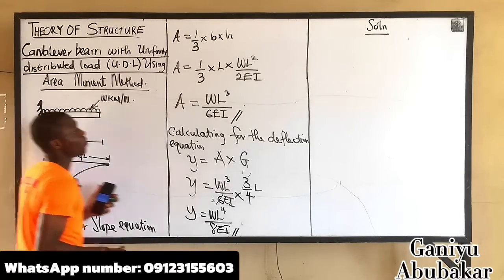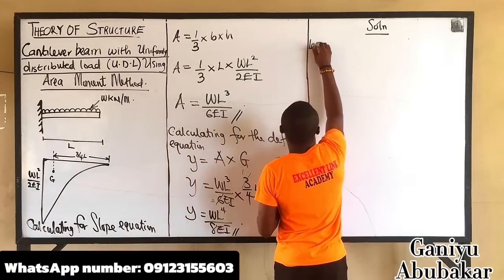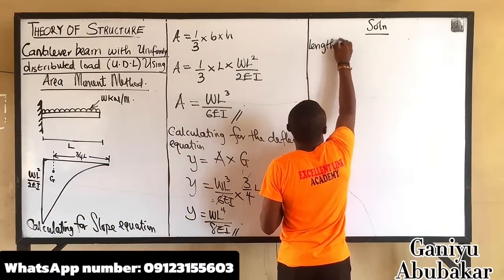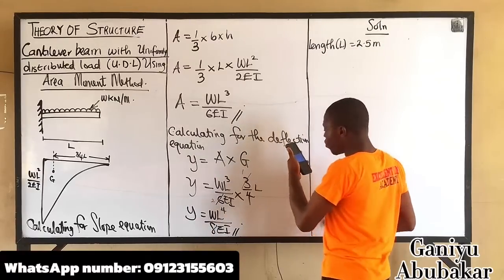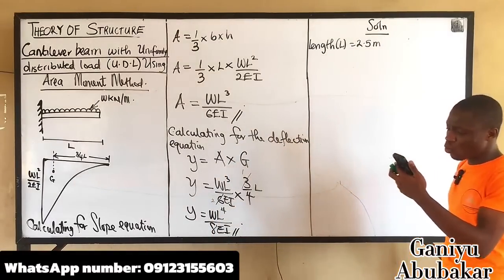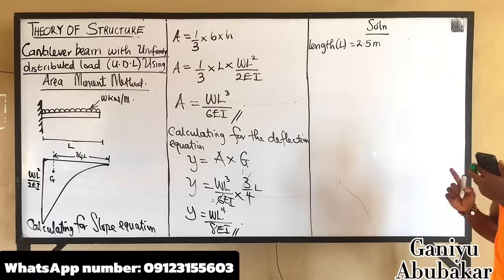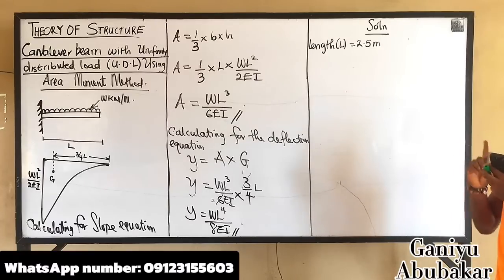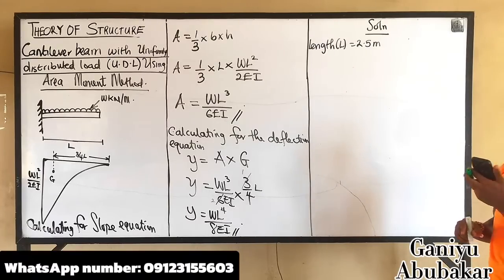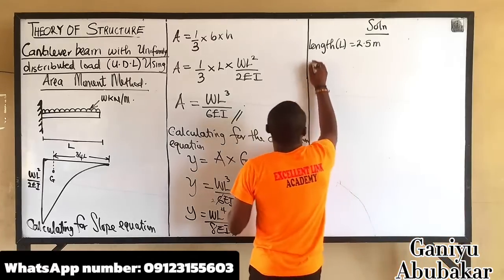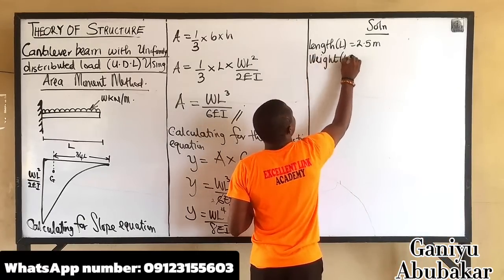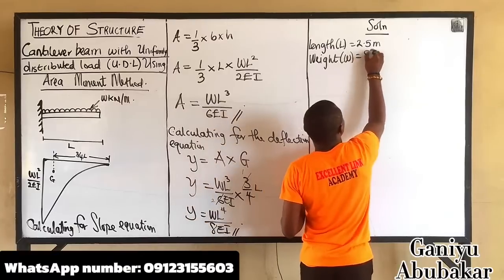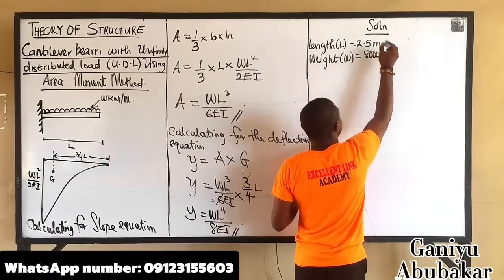That's my length, L is 2.5 meter. It is loaded with a uniformly distributed load of 8,000 kilograms. So my weight, W, is equal to 8,000 kilogram.